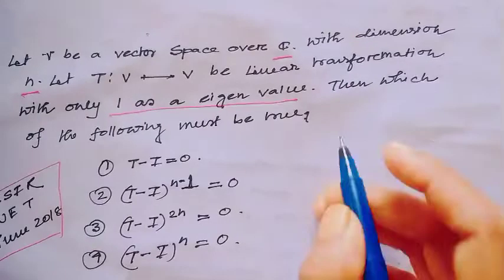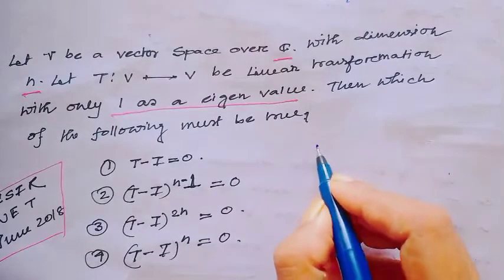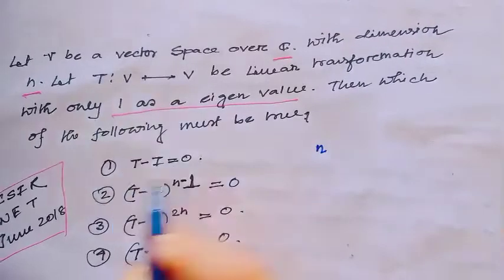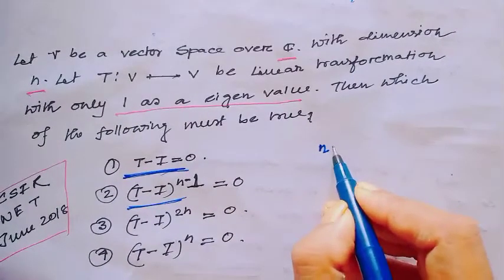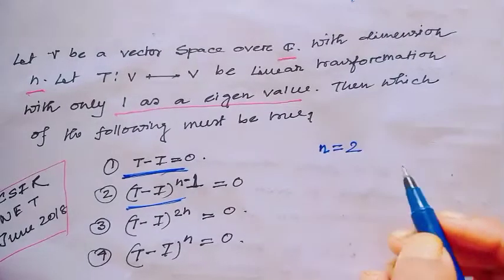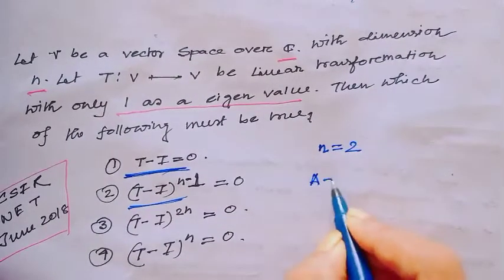For a shortcut, at first I will see option 1 and option 2. For this, consider n equal to 2 and consider the matrix.